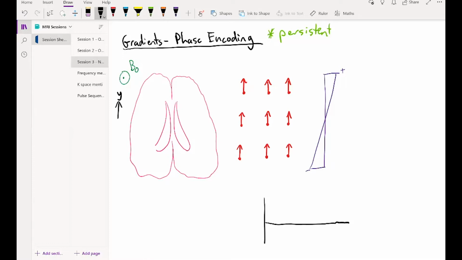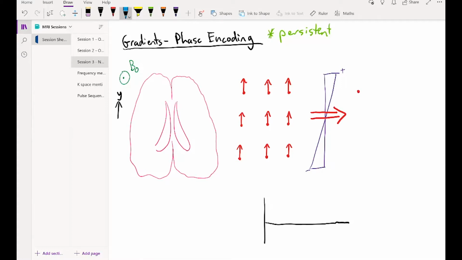So how we do this is by applying a gradient in the y direction, like I've got drawn here, and then we wait a period of time on the scale of some milliseconds. And then at the end, we will see, oh, good thing I thought about this. I actually have it drawn wrong in my notes. We will see something like this.